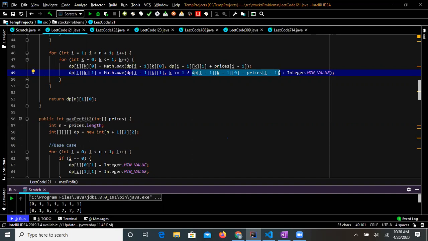The other way could be I bought a stock, and you can buy a stock if you had 0 stock in hand the previous day. Is that right? And also every time we buy a stock, we incur one transaction, right? So that means k minus 1 will be the previous day's transaction.